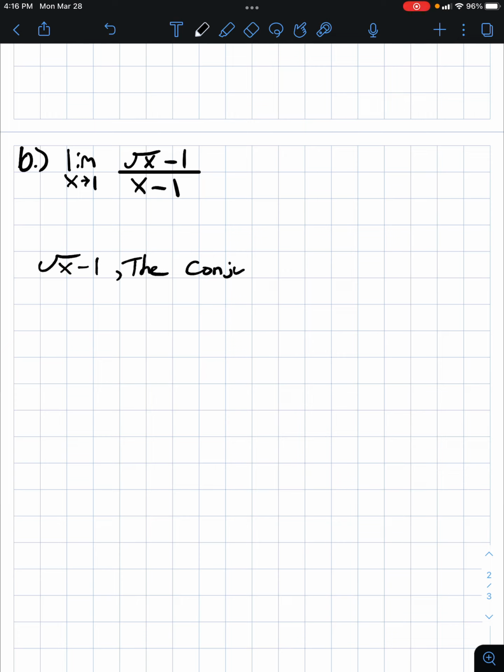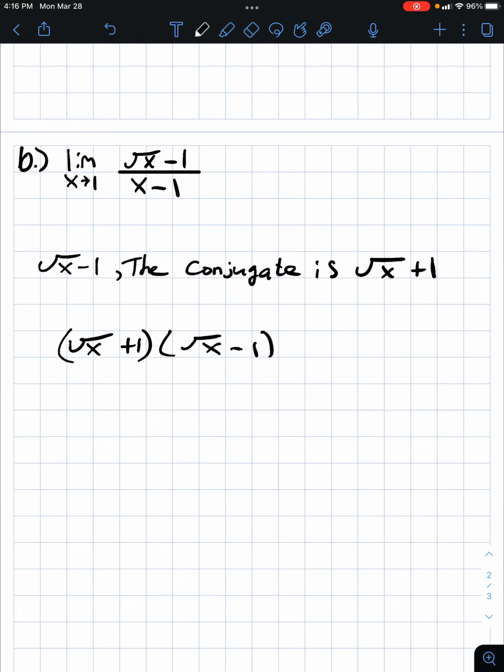Well, the conjugate is the square root of x plus 1. So if we multiply our numerator and denominator by that, we get the square root of x plus 1 times the square root of x minus 1 on the numerator. And on the denominator, we get the square root of x plus 1 times x minus 1.